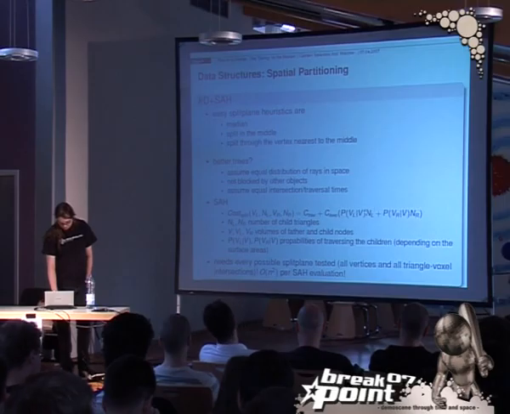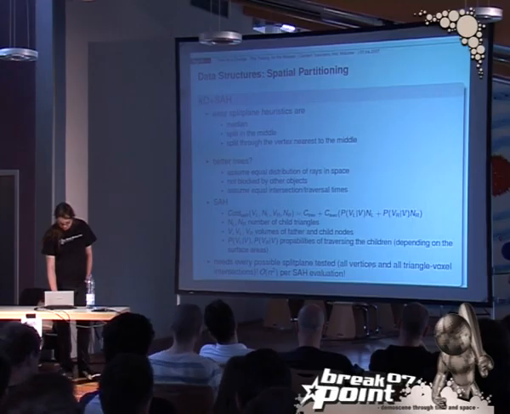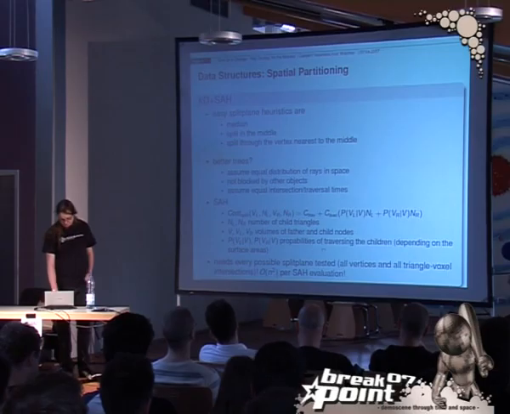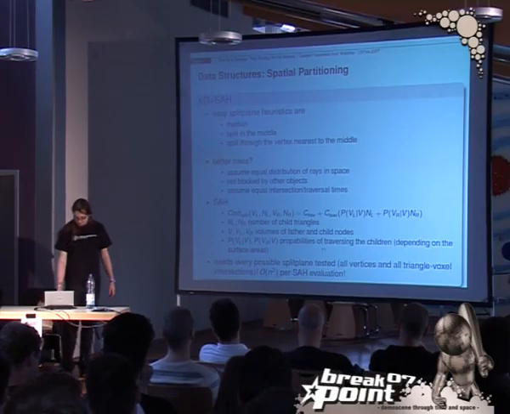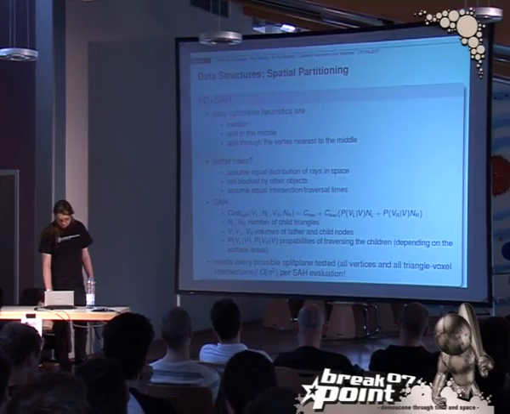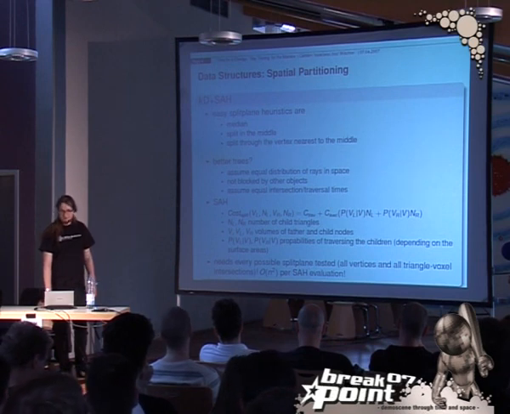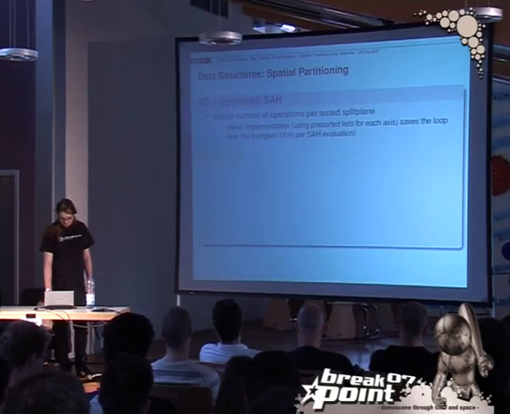You have to calculate, okay, this is fast, but getting the NL and the NR is the costly thing. So we get a complexity of n square, if n is the number of triangles in the current node, per SAH evaluation. And this is totally nonsense, because even for very simple scenes it will take minutes to build one hierarchy.